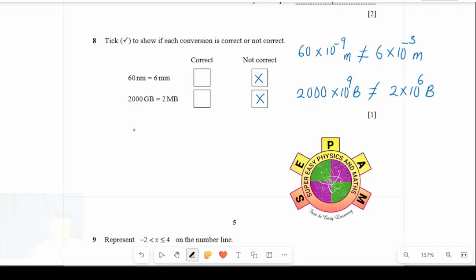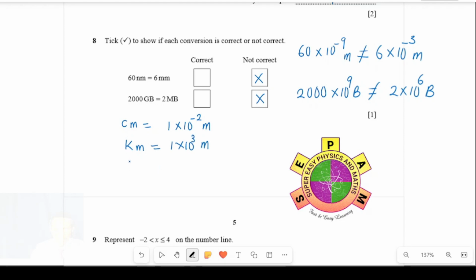So let me just explain. Centimeter is equal to 1 times 10 raised to power minus 2 meter. Then kilometer is equal to 1 times 10 raised to power 3 meter.